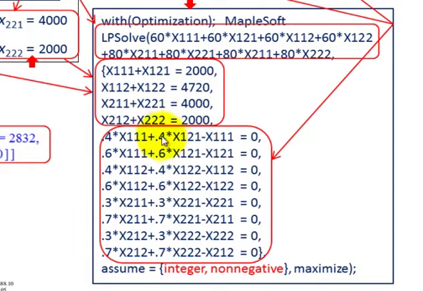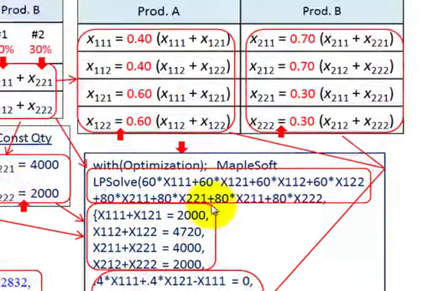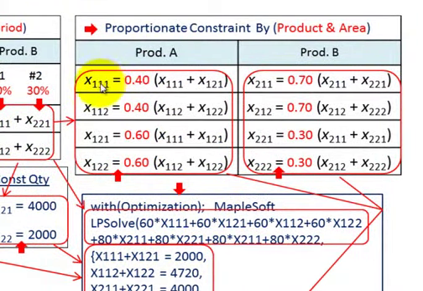But then when we get down to our proportionate constraints, just to understand how they work, again, we just take those right off our proportionate constraints that we figured out and then distribute it by your percentage. But what I want to show here is I'm setting that equal to 0. So if we go back and look at this X111, you can see X11 equals 40% times that quantity.